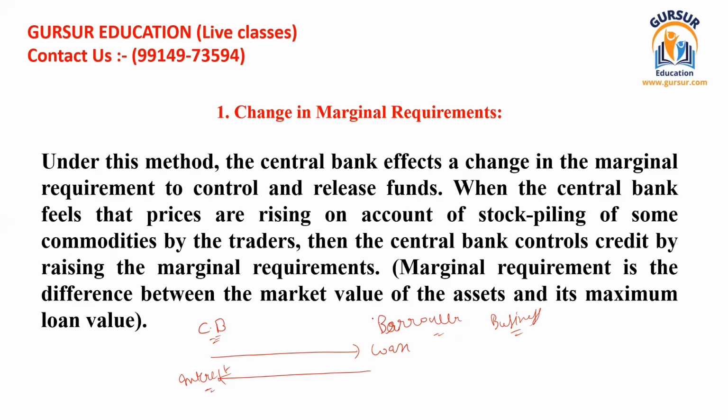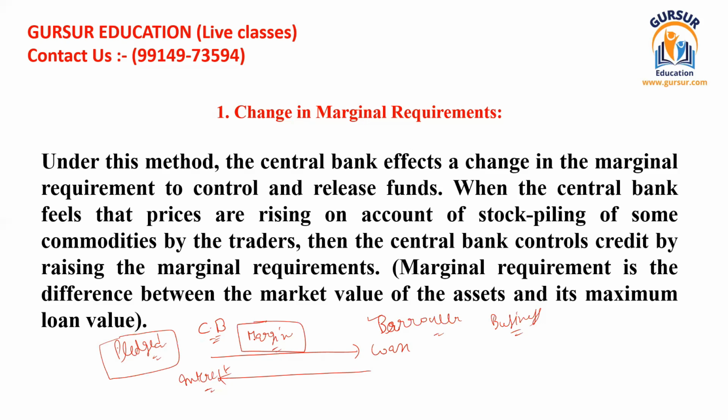While lending the money to the borrower, the bank must have some margin requirements, like they have to keep some of their assets pledged with the bank. Only on the basis of these pledged items can the loan be lent out to the borrower. So this is known as a margin requirement.